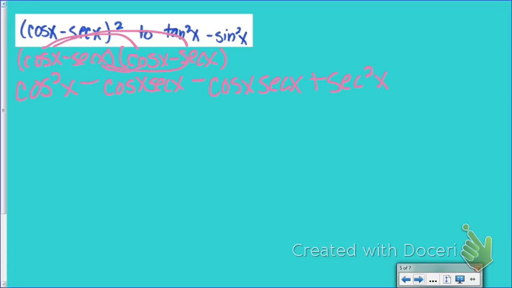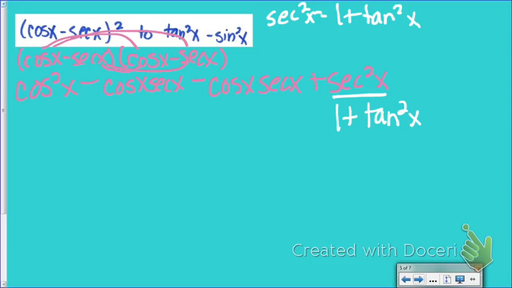If you look back on your identities paper, it tells me that secant squared is equivalent to 1 plus tangent squared. So I can replace secant squared with 1 plus tangent squared.